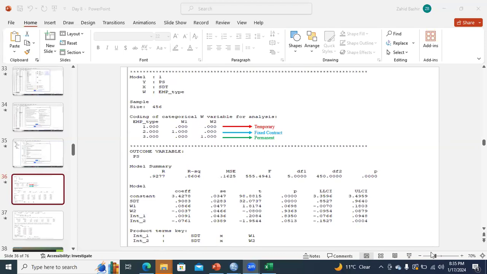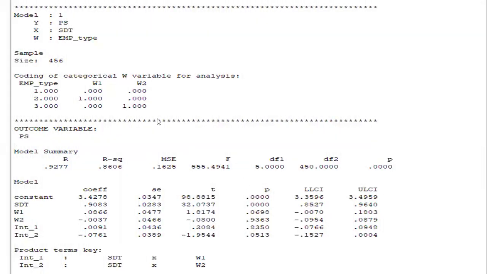All right, I was discussing that these are the three categories of your moderating variable. So you have understood that wherever the 1 appears, it means that you are considering that particular category of your moderating variable. If 1 appears in the first category, it means you are considering the temporary group of employment type.